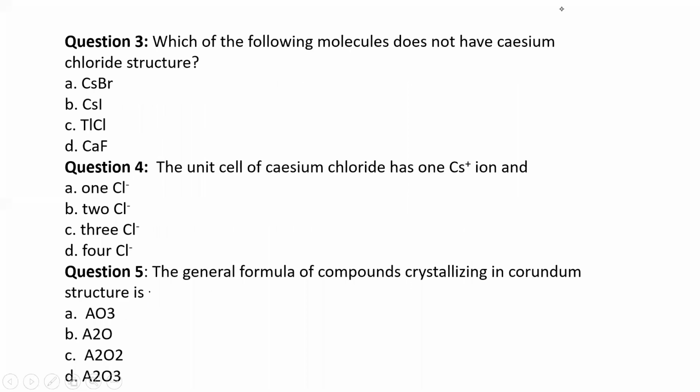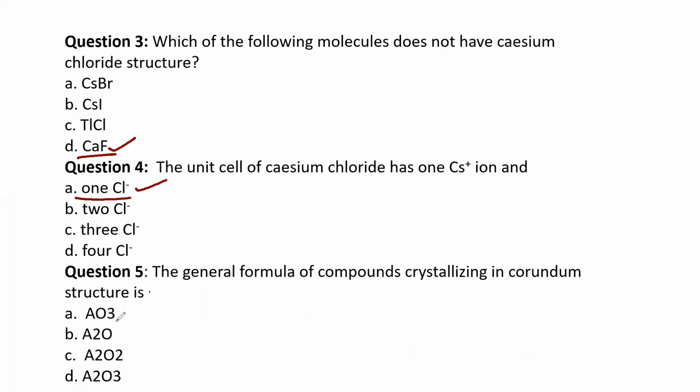Next, which of the following molecules does not have the cesium chloride structure? The answer is D, that is calcium fluoride, CaF2, because it is not possible at all. CsBr, CsI and thallium chloride are all possible, but CaF2 is not. The unit cell of cesium chloride has one cesium ion, and how many chloride ions are they asking about? It is one chloride ion because the ratio is 1:1.